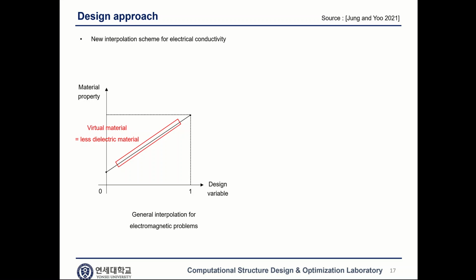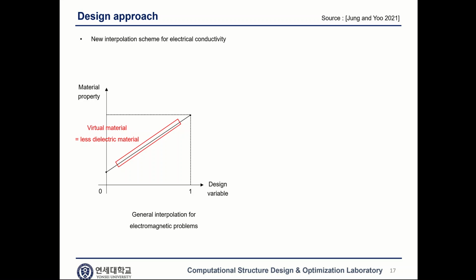Second thing is the new interpolation scheme for electrical conductivity. As I mentioned, for electromagnetic problems, the material property is usually linearly interpolated between the design material and the void for virtual materials. For example, if the design material is a dielectric material, the virtual material behaves as a less dielectric material.